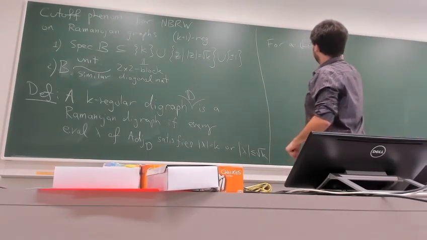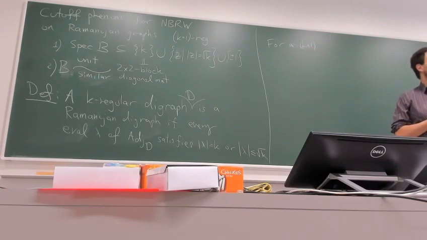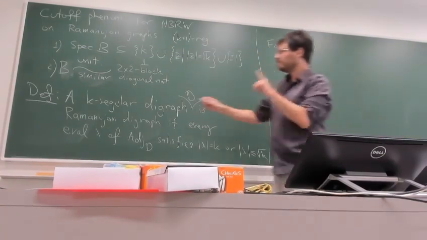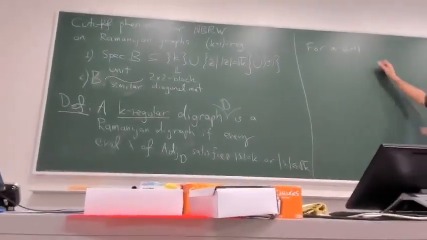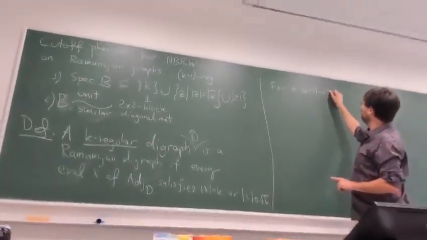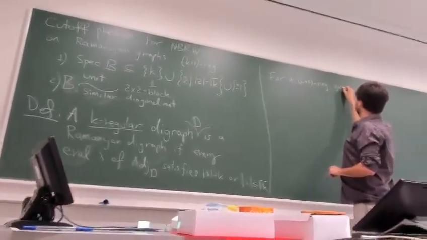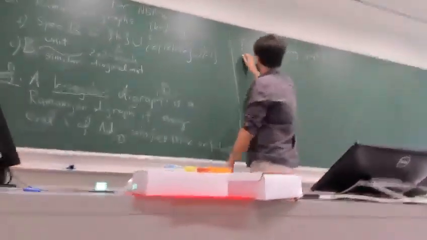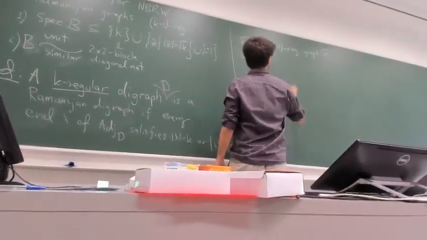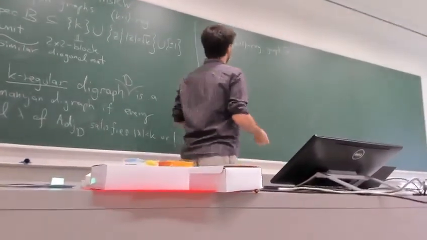The definition is for k regular. Let me explain how this connects. If I have a k plus 1 regular graph G, let's define a corresponding directed graph.